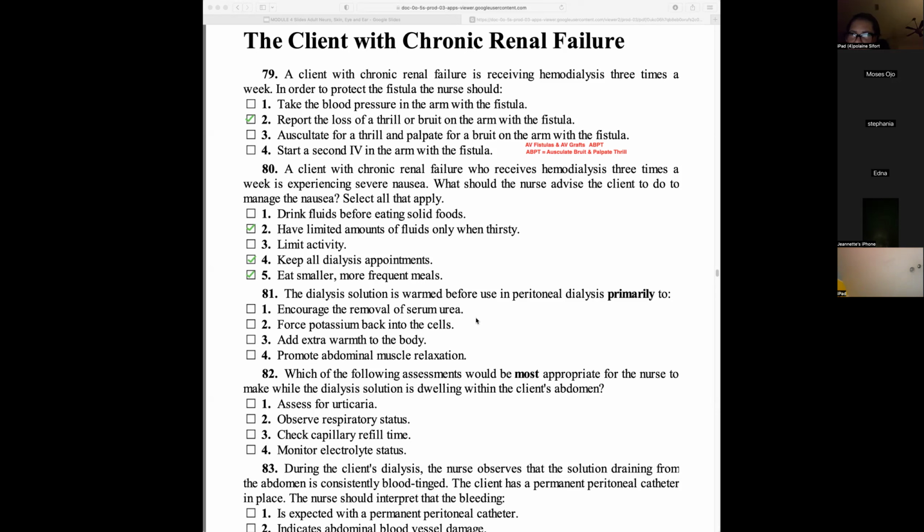All right, guys. Next up is 81. You should know this answer. The dialysis solution is warmed before use in peritoneal dialysis, primarily to: encourage the removal of serum urea, force potassium back into the cells, add extra warmth to the body, or promote abdominal muscle relaxation?